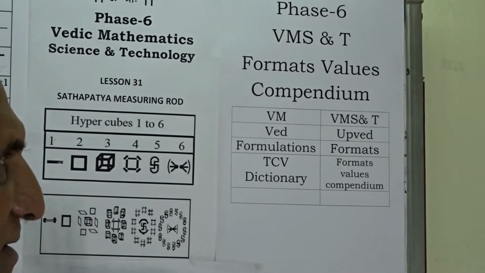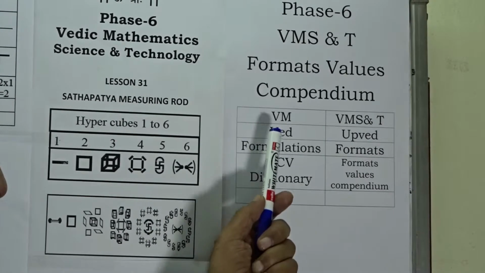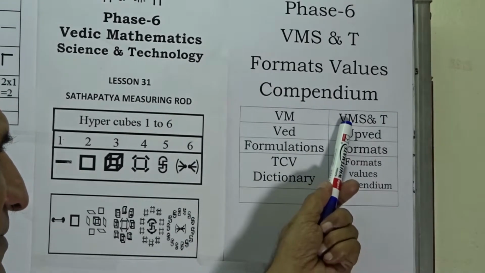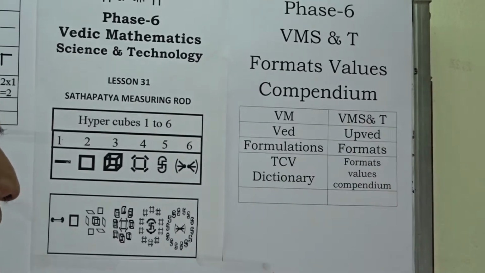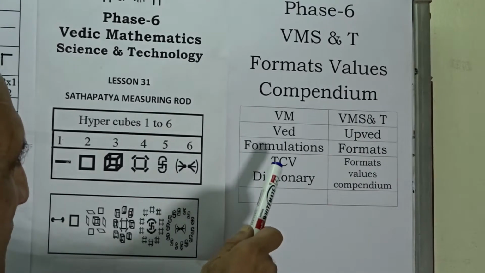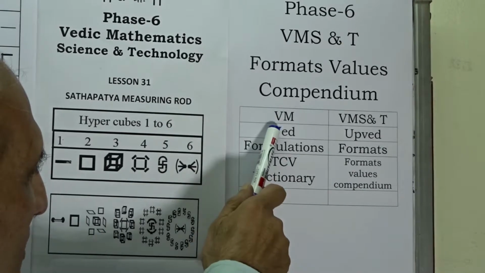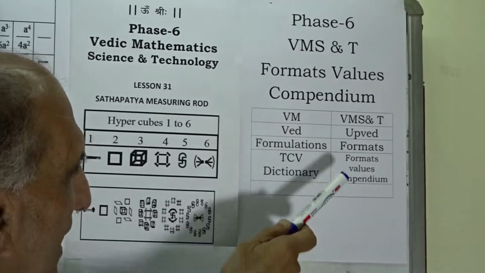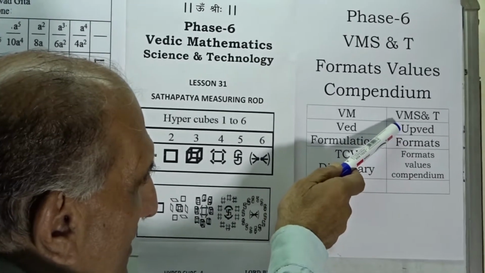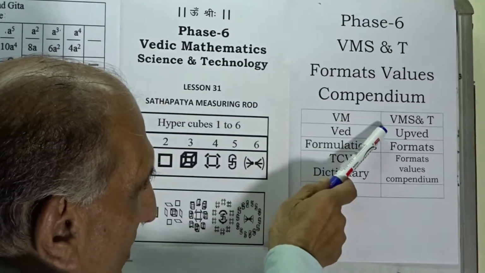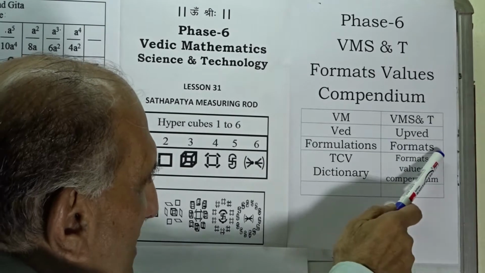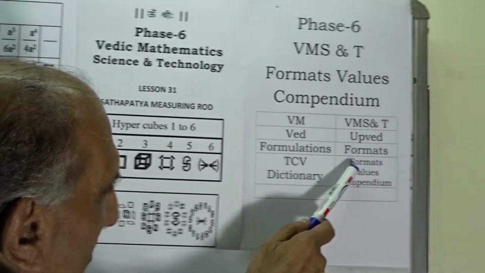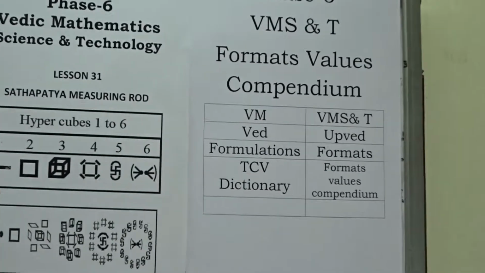From this phase we are now shifting from Vedic mathematics to Vedic mathematics, science and technology. It would be giving a shift from pure values of Ved to applied values as Upaved. And in this phase, we will be exposed to formats, and then we will be reaching at formats, values, compendium.